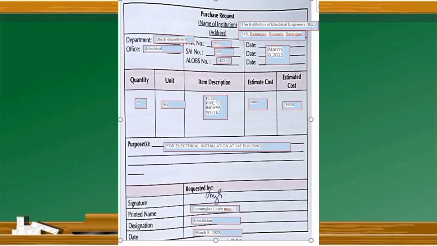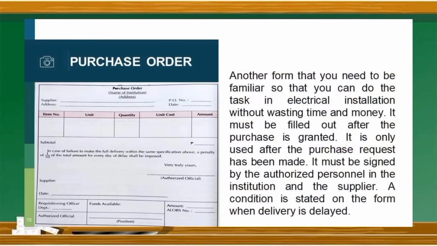For example, the quantity is 4, unit is 2, item description, flex pipe 1.5 inches wide, the estimate cost is per 100, and the estimated cost is 1,600 since the quantity is 4. Also, include the purpose of purchasing the items. As you can see, there is a signature because it must be signed by the authorized personnel in the institution and the supplier.